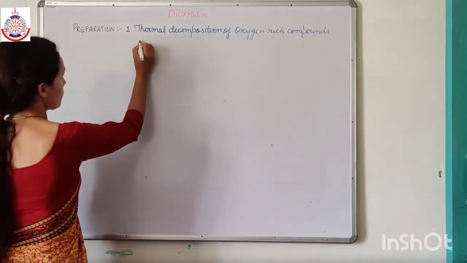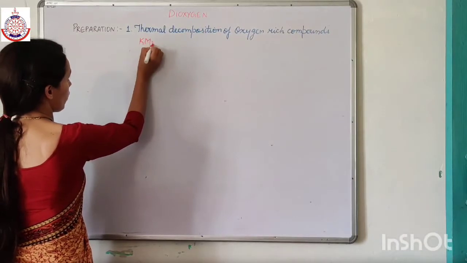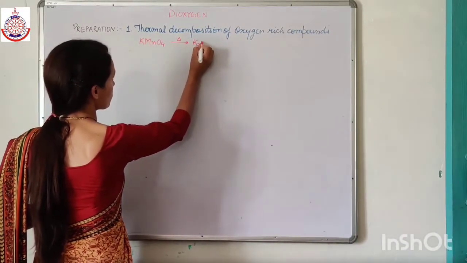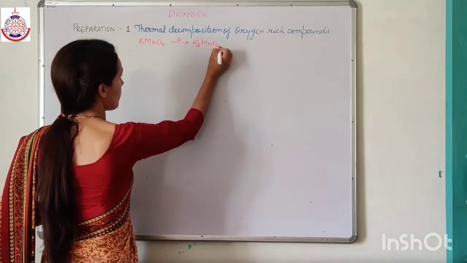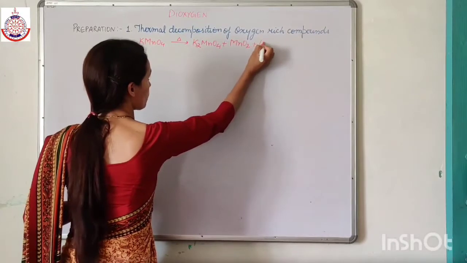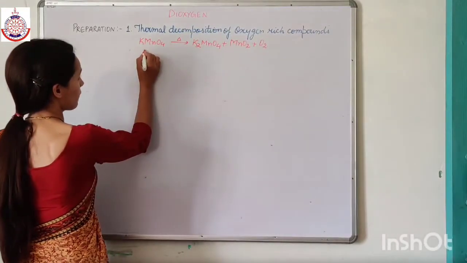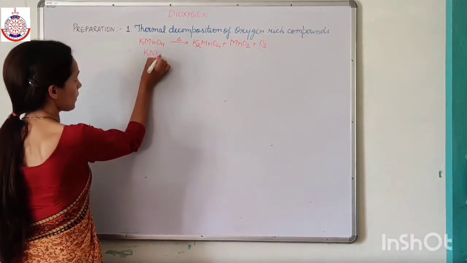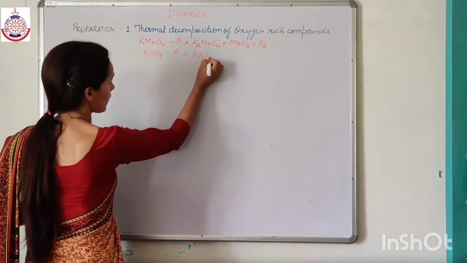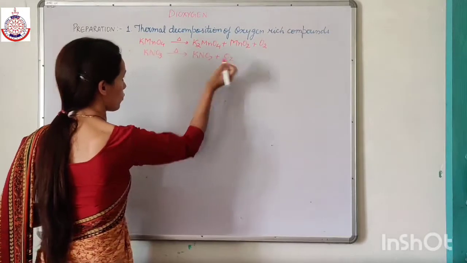For example, KMnO4. On heating KMnO4, we get K2MnO4 plus MnO2 plus O2. Similarly, we have KNO3. KNO3 on heating decomposes to give KNO2 plus O2.